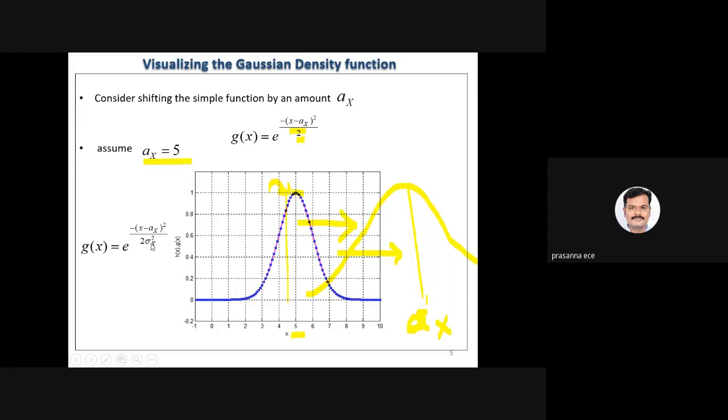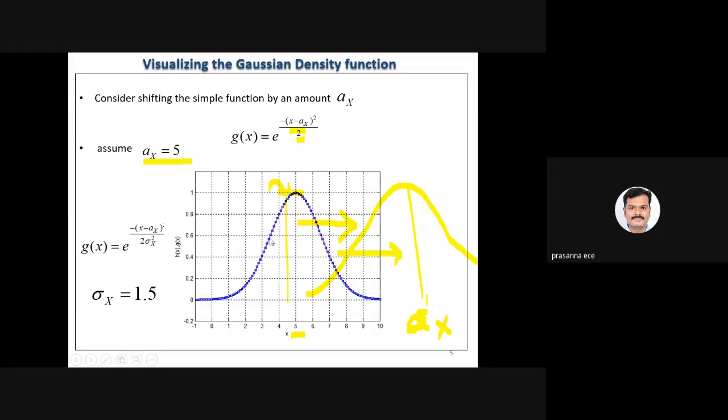For now, we'll see for various values of sigma x how this graph behaves. In the initial case, what is the value of sigma x? In this function, the value of sigma x is 1 because the denominator doesn't have anything other than 2, so it is equal to 1. So for sigma x equal to 1.5, we observe what happens to the graph.